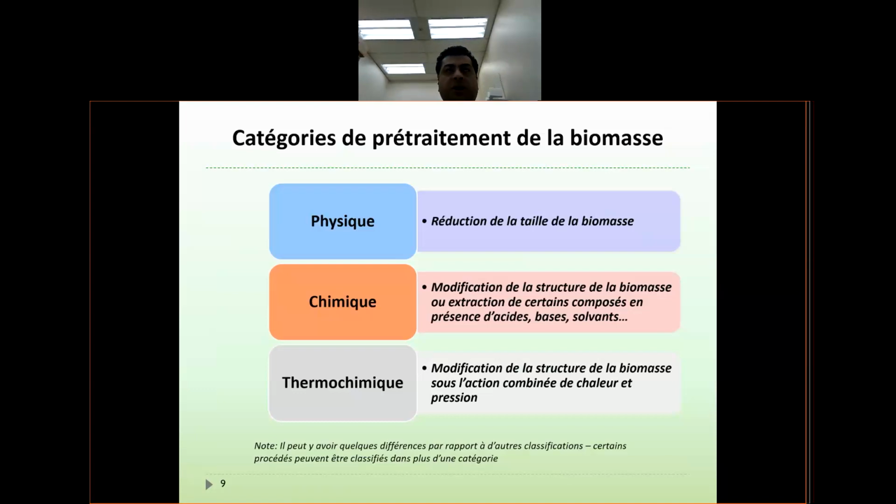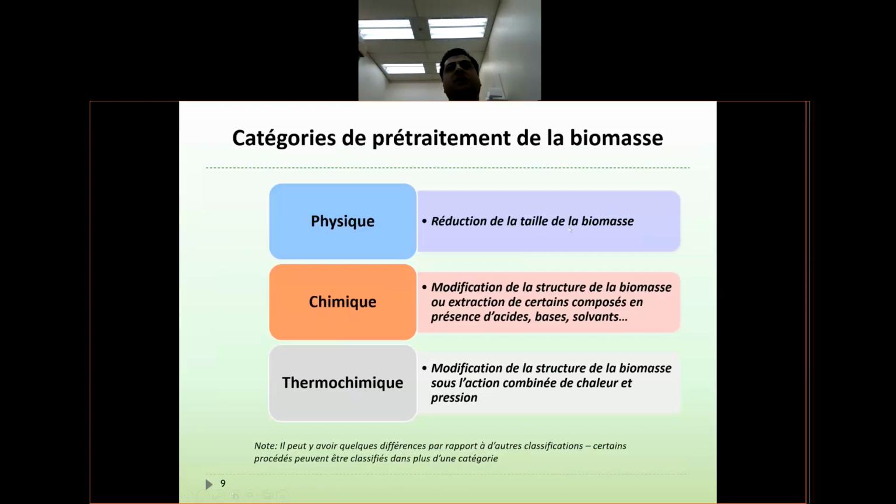Okay, so we flash back to storage and conditioning of biomass. Now let's continue with pre-treatment. There are usually three main pre-treatments on biomass: physical treatment, chemical treatment, and thermochemical treatment. Physical treatment is, for example, to reduce the size of biomass, like by grinding.